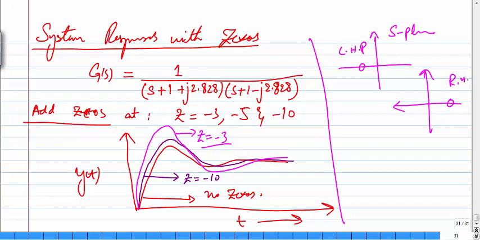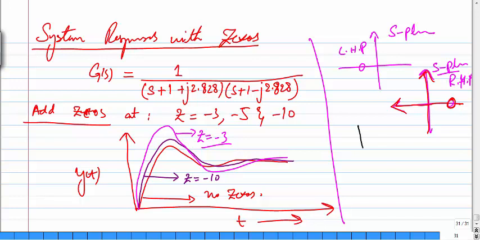So this is the S plane. Now let me change the color here for the right half plane 0. I use a red color, so that we can look at how both responses vary from each other.